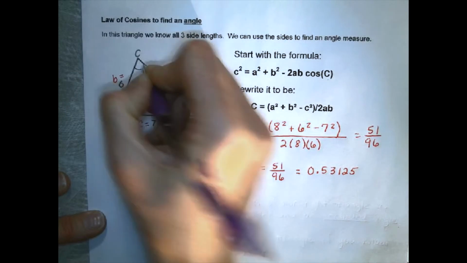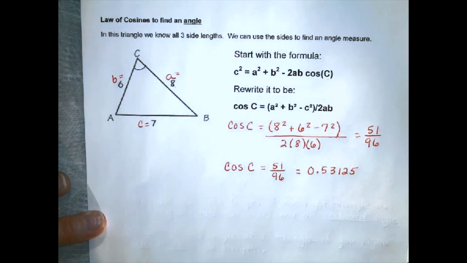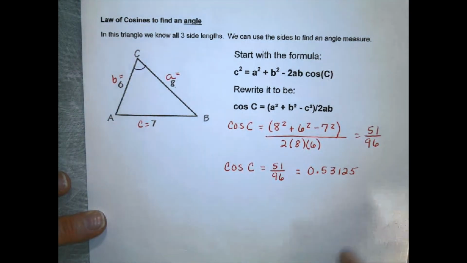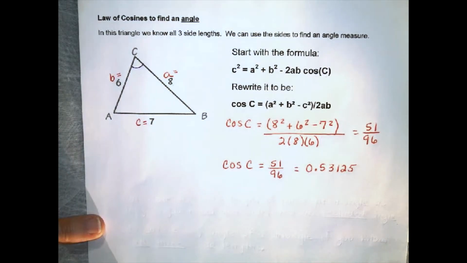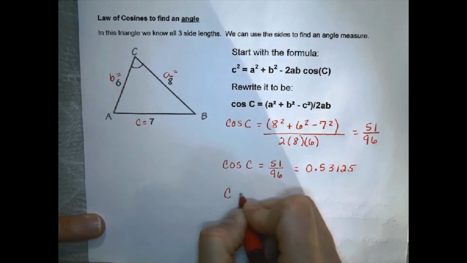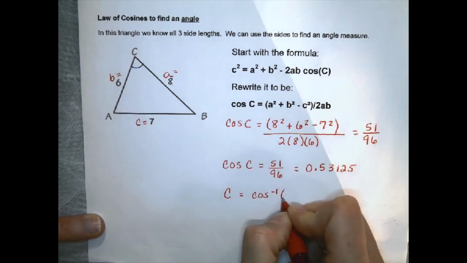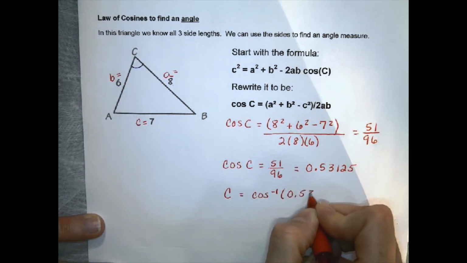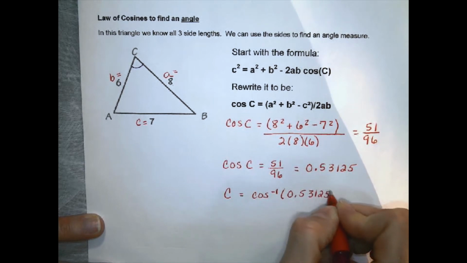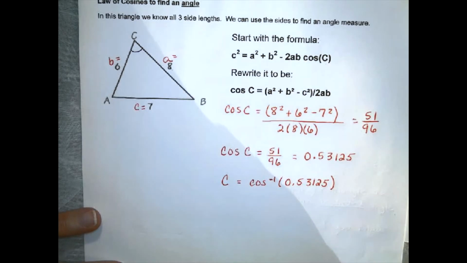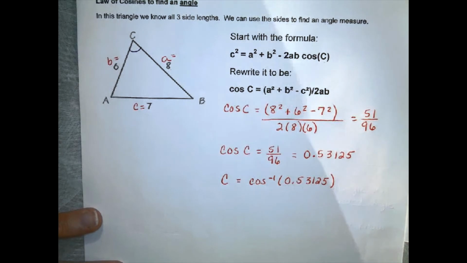In order to find the actual angle, you may recall in an earlier lesson that we will use the inverse of cosine. So we can find C by saying the inverse of the cosine of 0.53125. What this means in practice is that we're going to use the calculator. We're going to use the second button followed by the cosine button.